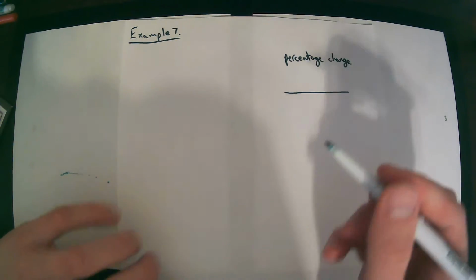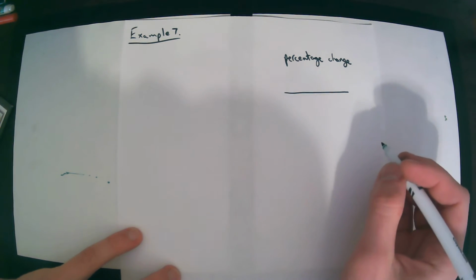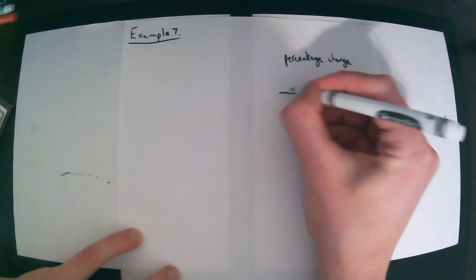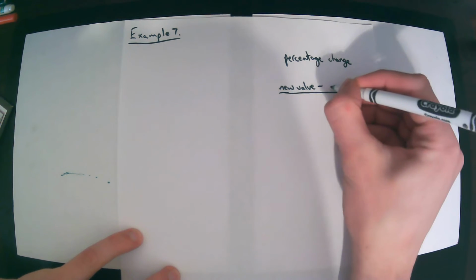Let's see. I pretty much wrote it all the same way. I just said difference over initial value. But the way they write it in the text on page 467 is new value minus reference value. I like to say new value minus original value.